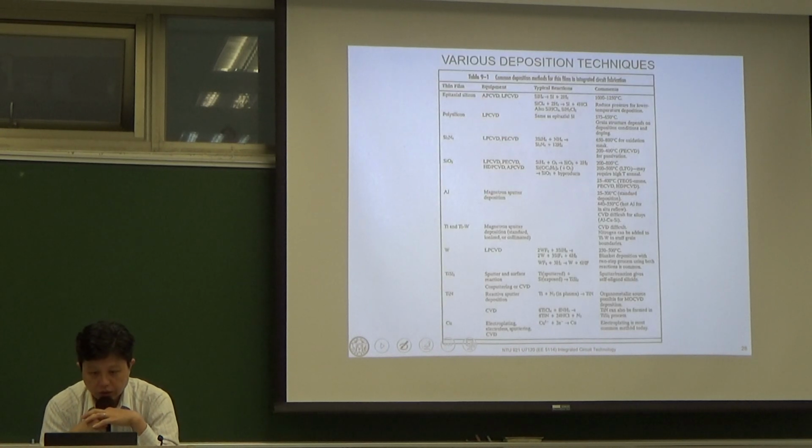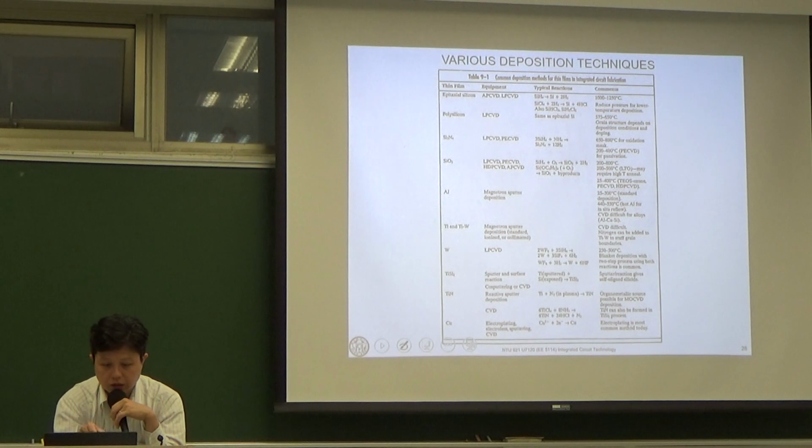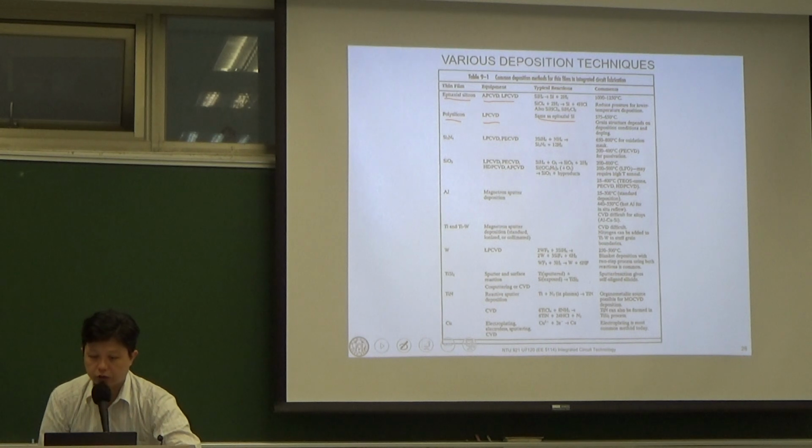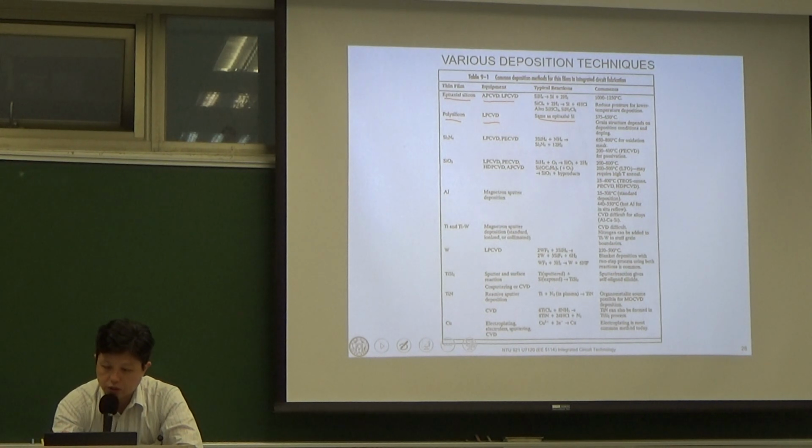Okay. Now, this is an important table that tries to summarize the different deposition techniques. For the silicon film or polysilicon, we can use APCVD or LPCVD. So we have the typical reaction formulas here, and this is the temperature that we use.